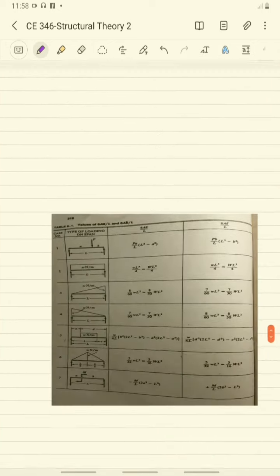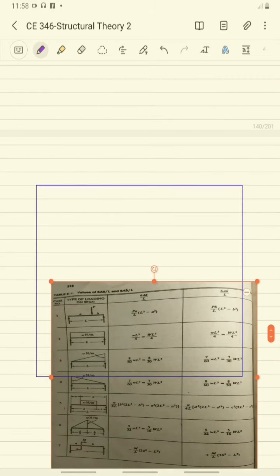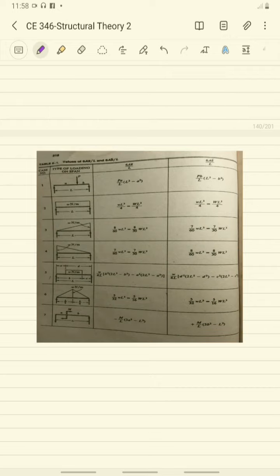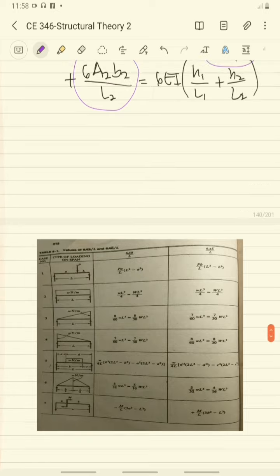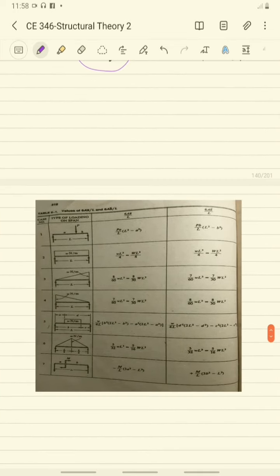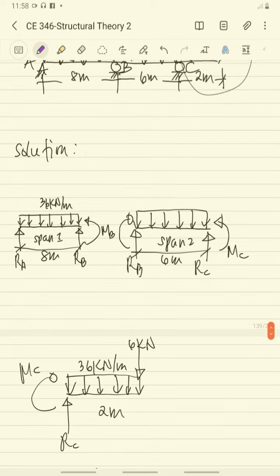So I have here the table taken from the table of Ferdinand Singer for the strength of materials. So you can find any value for this. Okay, so you have to compare the loading in the table to the loading of your beam.